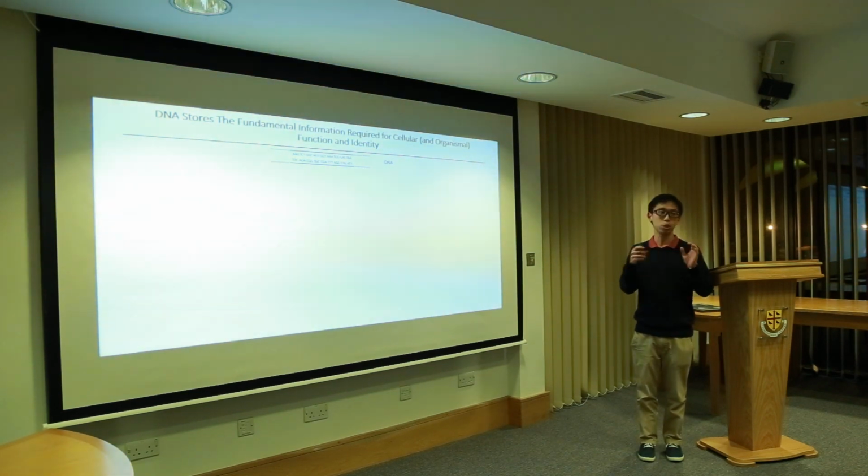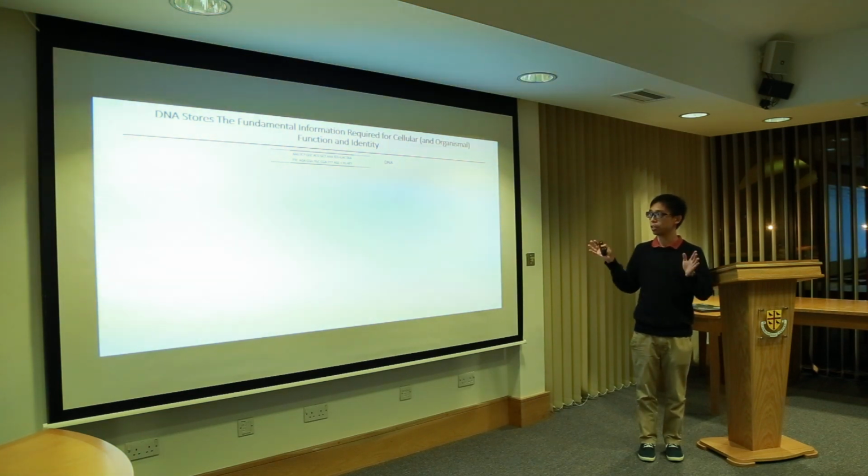It consists of two strands or strings of information in the form of four-letter code, A, T, G, and C, which determines the shapes and also functions of all living things currently known to us.